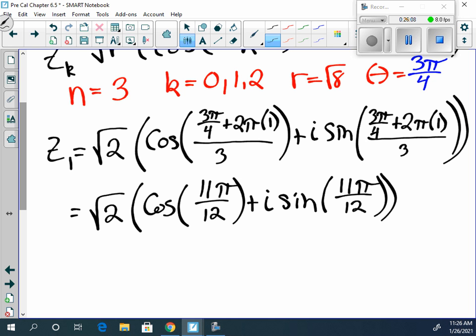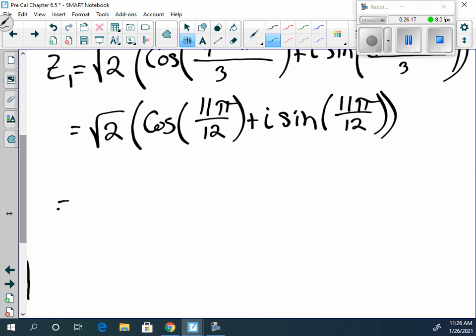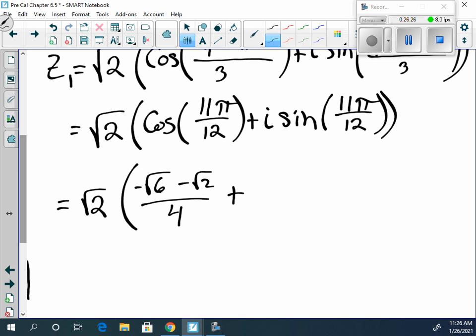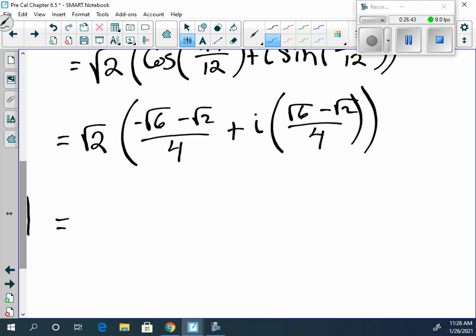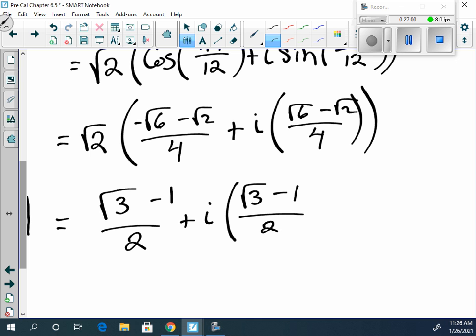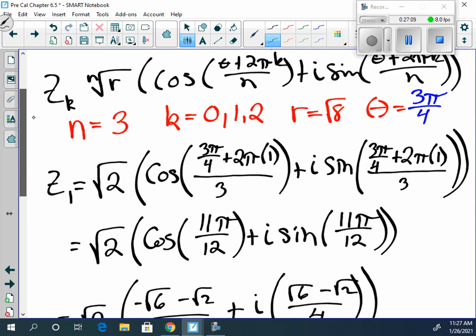Now, if we take cosine of that, we get the square root of 2 times the square root of 3 minus 1 over 2 plus I times the square root of 3 minus 1 over 2.